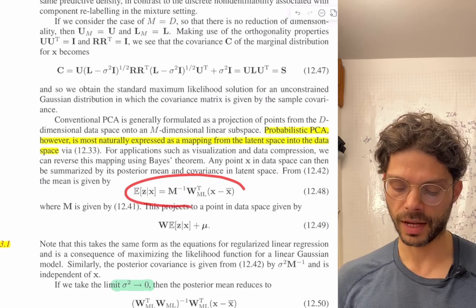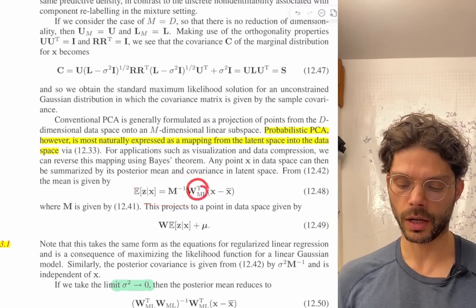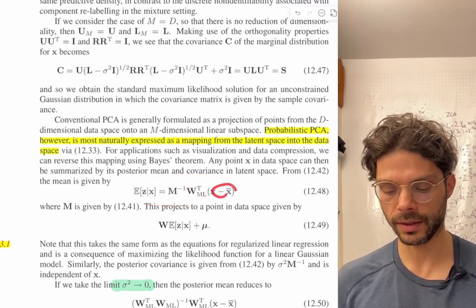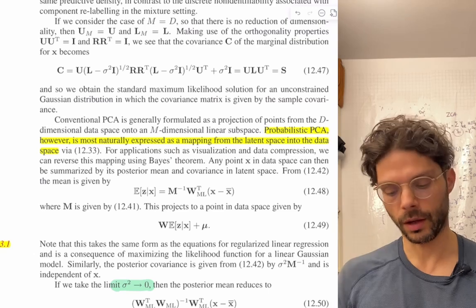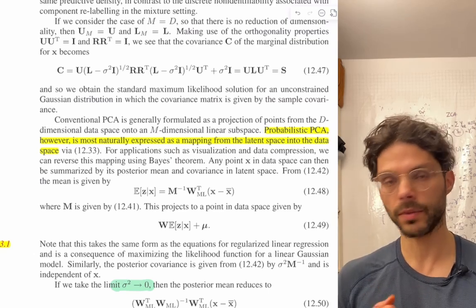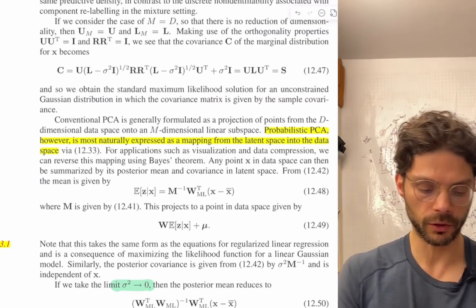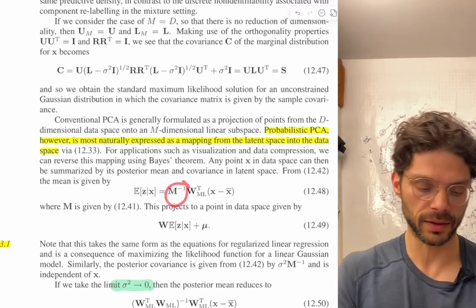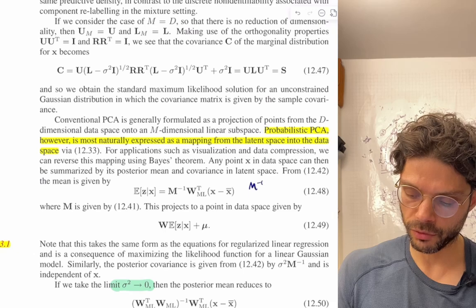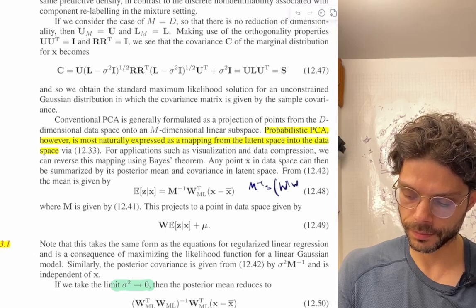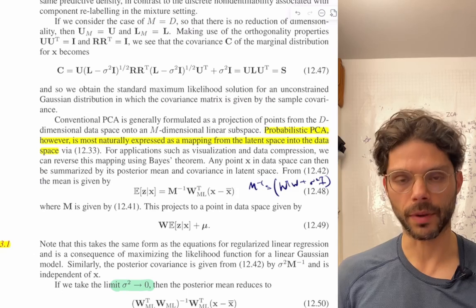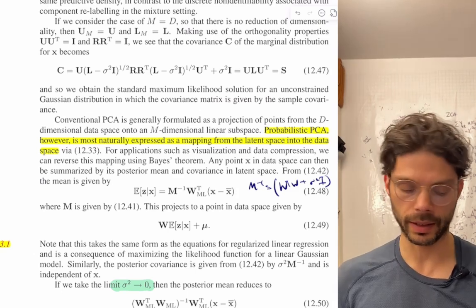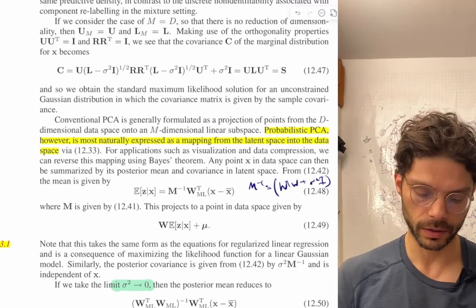The mean, for example, looks like the projection of the mean-subtracted data point onto the weight matrix, the projection matrix, and then dividing out by M, so it's a regularized version of W, being regularized by the additive covariance.